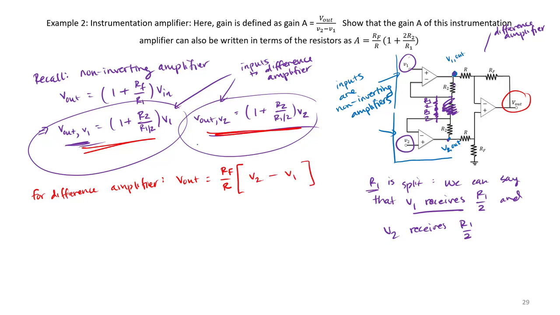And here, notice my inputs are the outputs from the non-inverting amplifiers. So if I substitute that in, I can determine that my V out is given by the following.